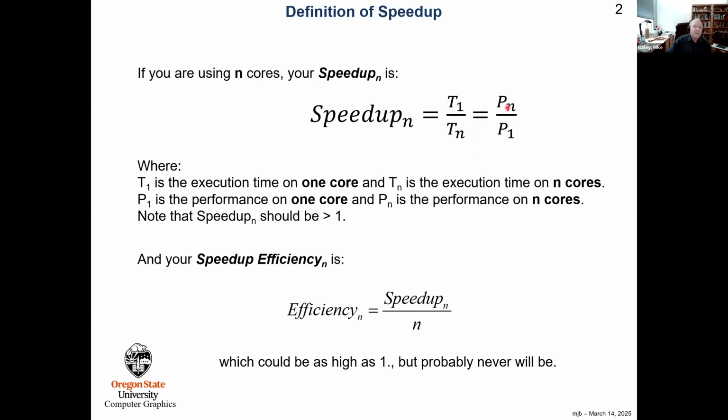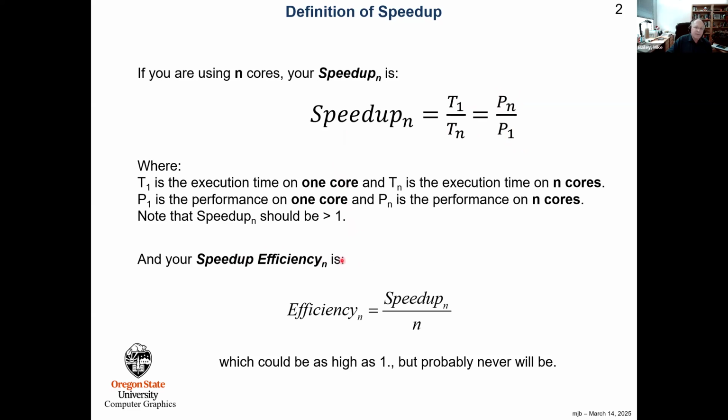Or if you've computed performance, so many somethings per second, then you take the performance with n cores divided by the performance with 1. Again, the numerator should be a bigger number than the denominator, and we'll get a speed up greater than 1. Okay, so these give you the exact same number.